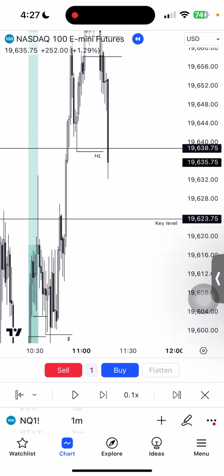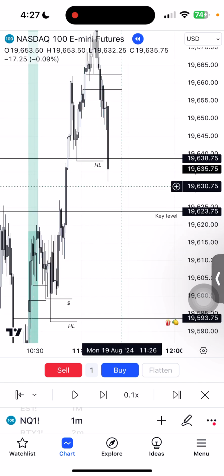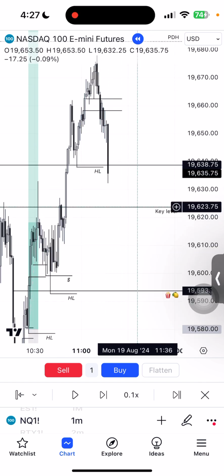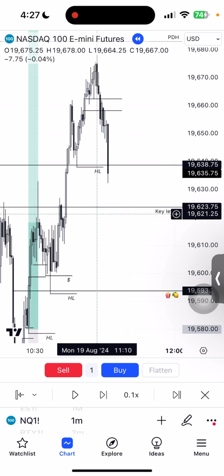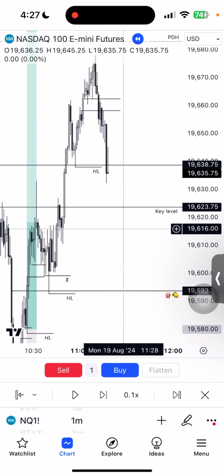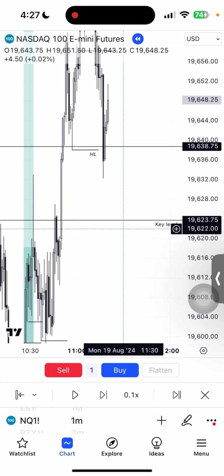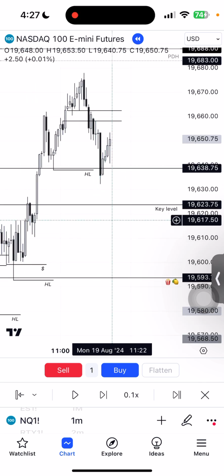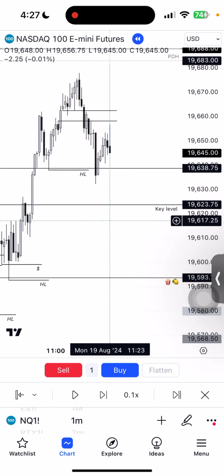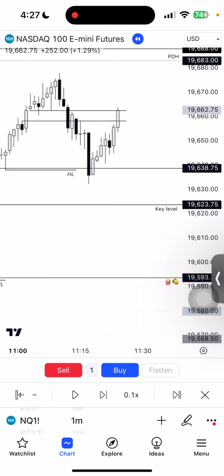It's just tapping into an imbalance, grabbing liquidity here, before moving up higher. As long as it's above 623.75, we're fine. So price gets higher.